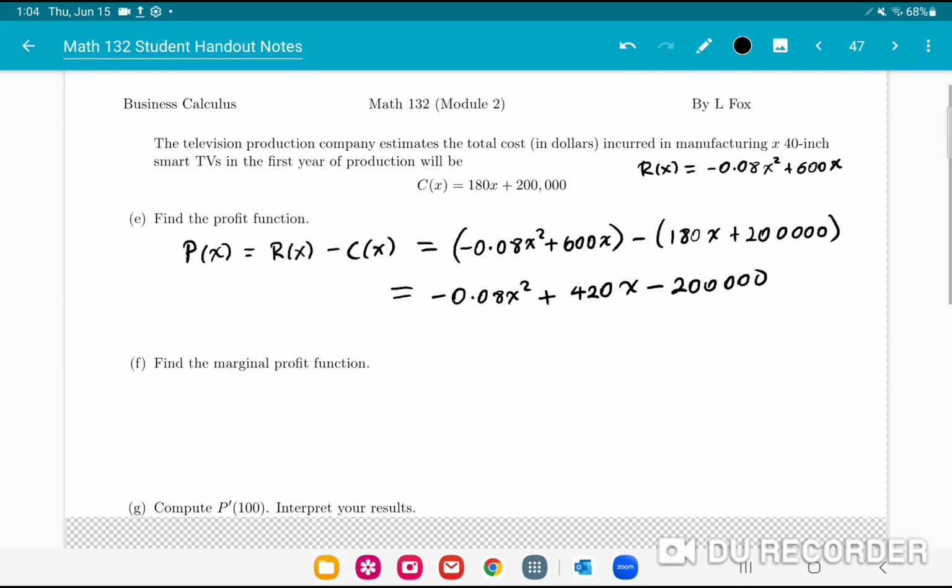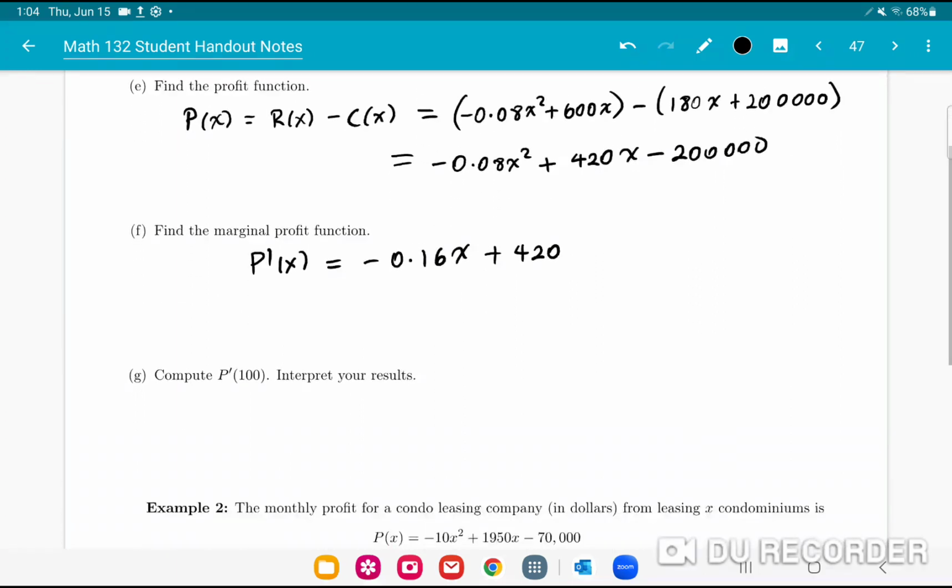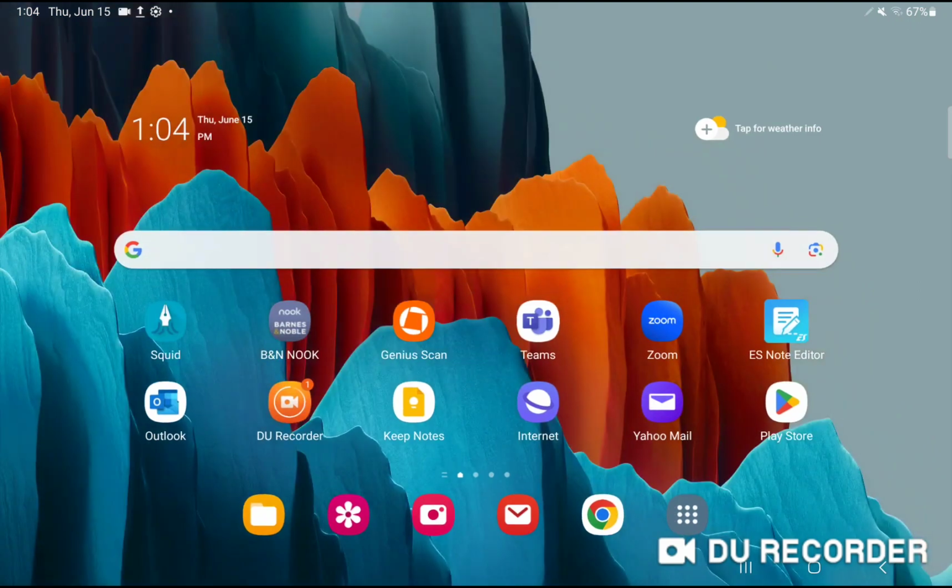The marginal profit: we need to differentiate the profit function. This is negative 0.16x plus 420. That's the marginal profit. Let's calculate the derivative at 100. This will be negative 0.16 times 100 plus 420, and that gives you 420 minus 16, which is 404.